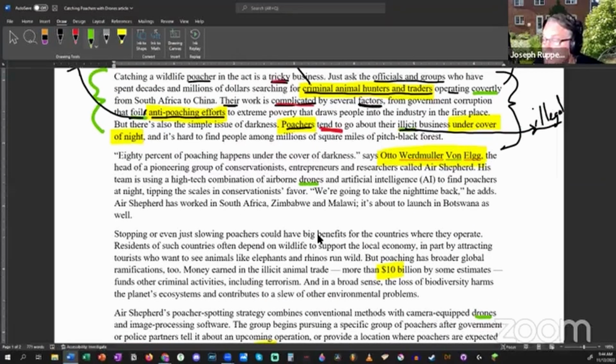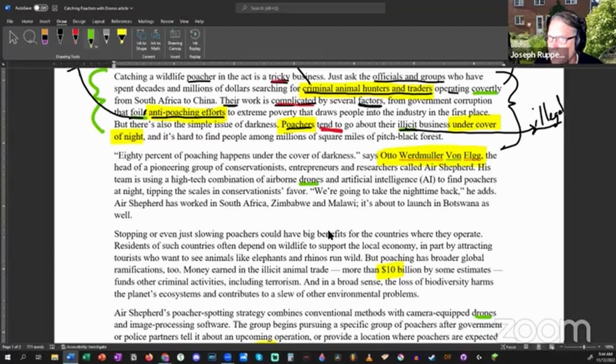Now, in terms of what's actually happening and how they're doing this, I don't know. We're going to have to take a look a little deeper to see what the process is, because what's confusing to me is that if they're trying to catch the poachers who are working at night, in the darkness, how is a drone like we're seeing going to help them, right?